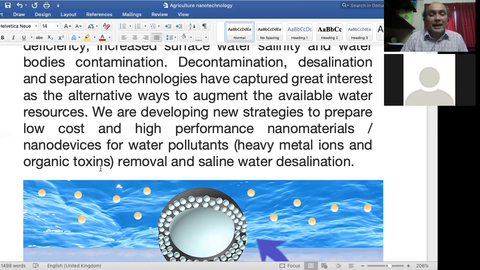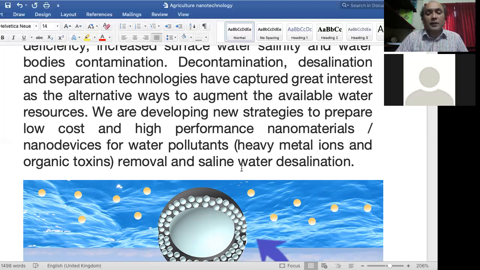So to detect their presence as well as their toxicity level and remove them from the soil, or from saline water, if we can make desalination, that is non-saline, it would be a big discovery. Scientists, especially nanotechnologists, are working very hard to make saline water into non-saline, because the earth is full of water.